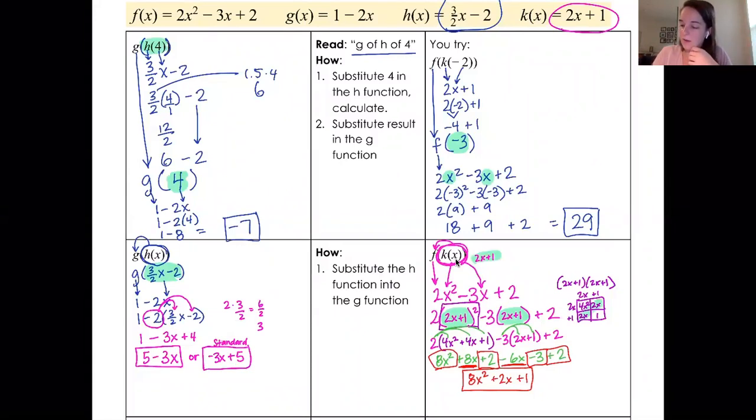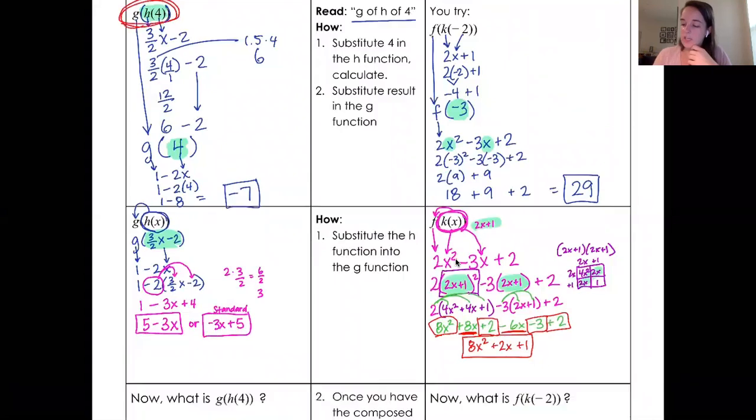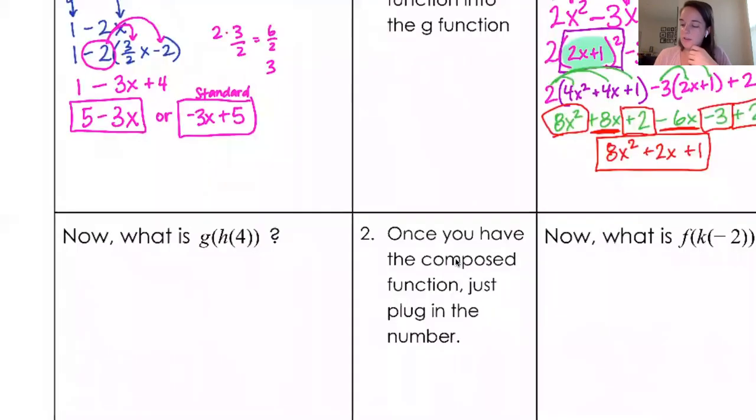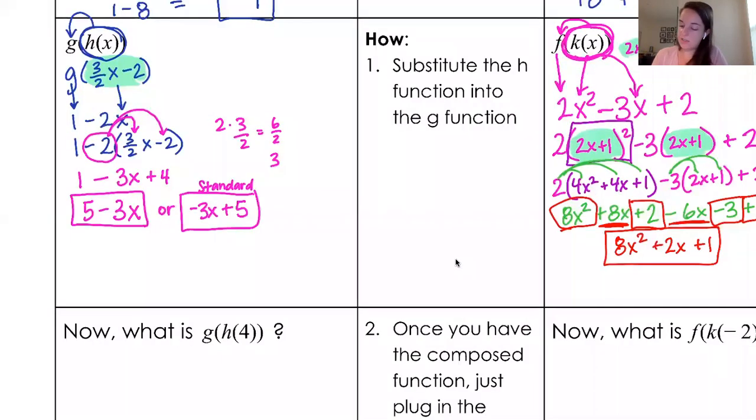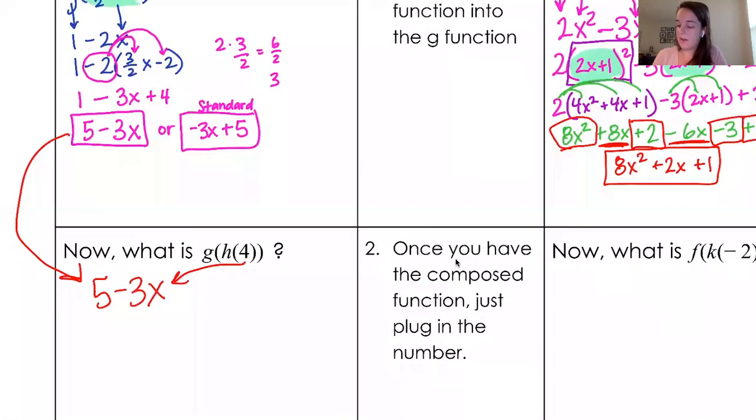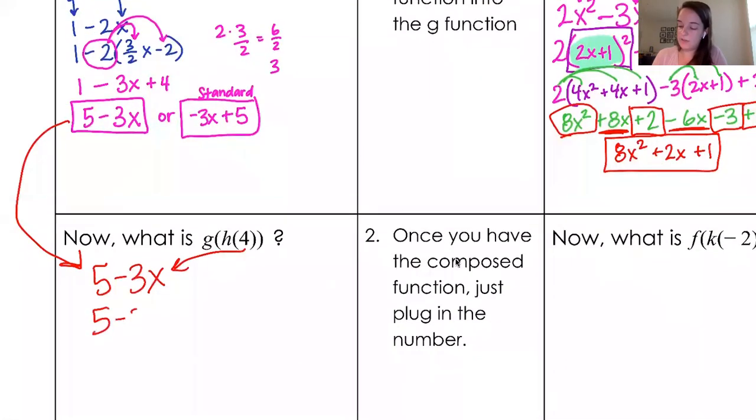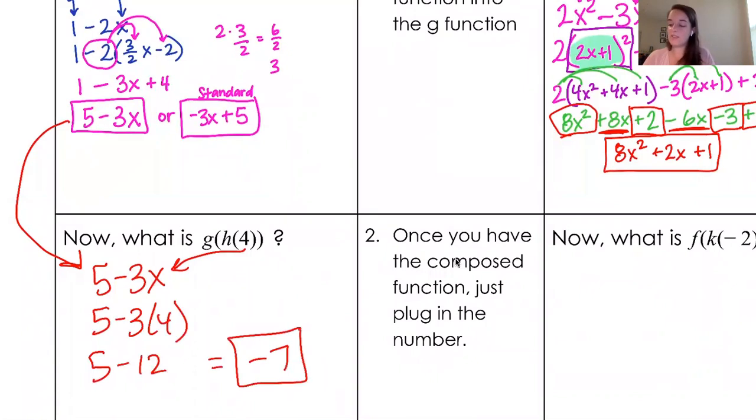So very cool. If I want to know G of H of 4, if I already know what G of H of X is, if I know it's 5 minus 3x, right, then I can plug in the number 4 in here. So I'd have 5 minus 3 times 4, 5 minus 12 is -7. That's the same -7 as up here.